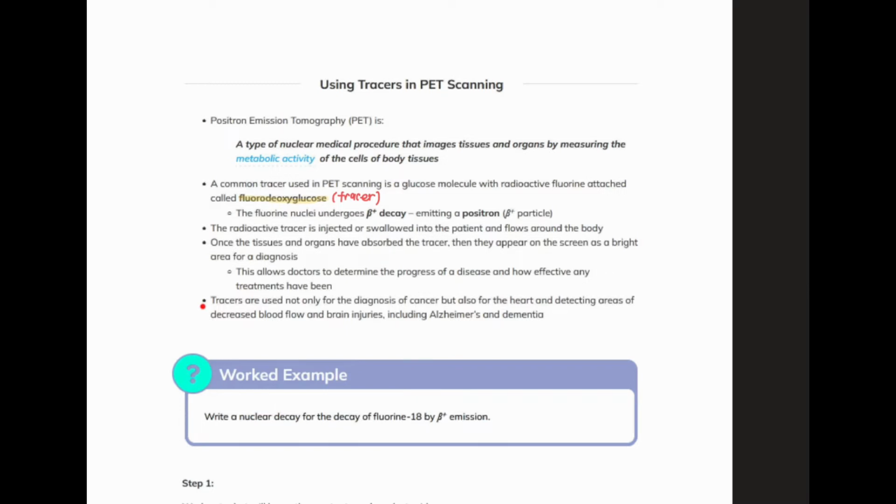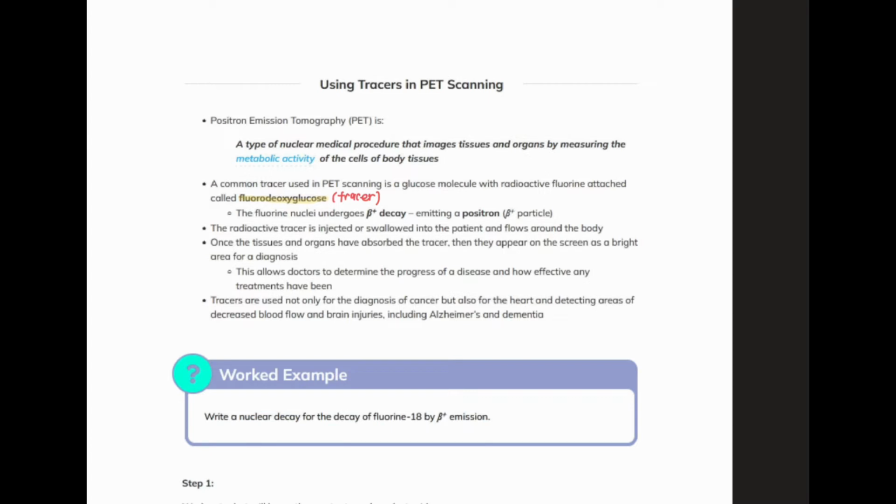Next point, tracers are used not only for the diagnosis of cancer, but also for the heart and detecting areas of decreased blood flow and brain injuries, including Alzheimer's and dementia.